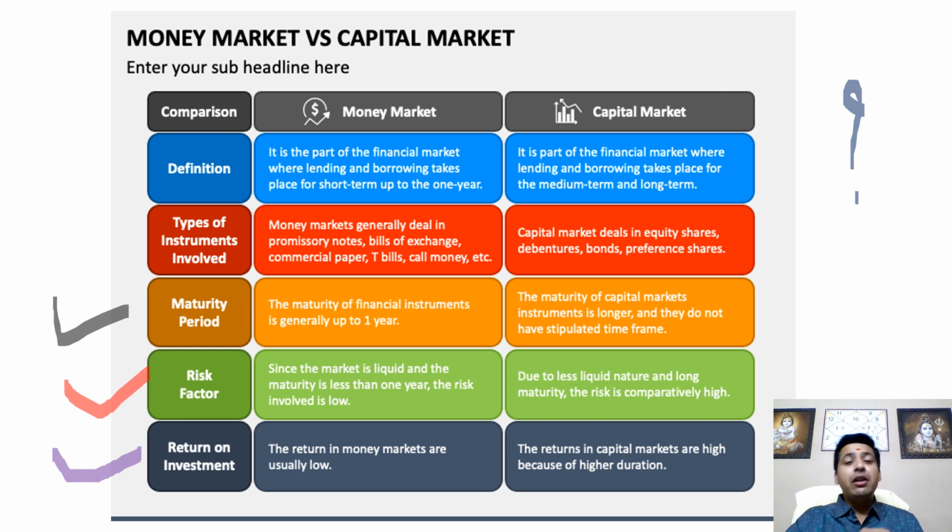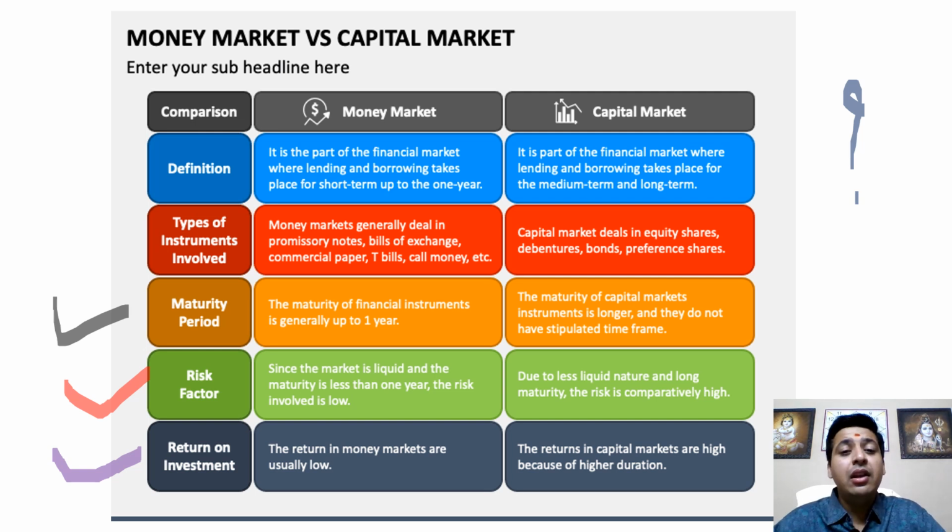While in a capital market, the returns are high because of the higher duration. If you go for 3 years, you will get a higher return. If you go for 5 years, you will get a much higher return. If you go for 10 years, you will get much more return. That means the longer you stay in the market, the better the chances of making a profit.